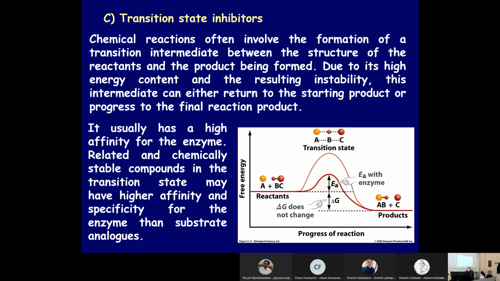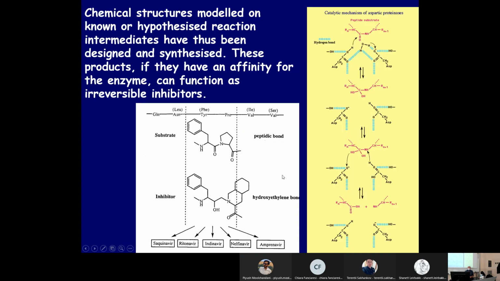But if we stabilize this type of molecule, we can have an optimal inhibitor of a particular enzyme. Here you can see a practical example, for me very clear.